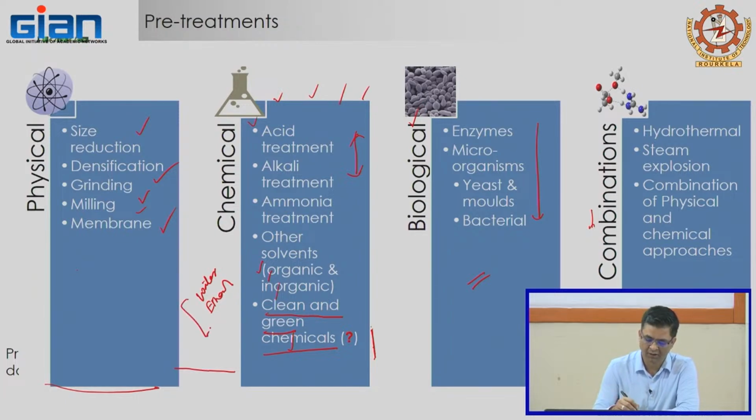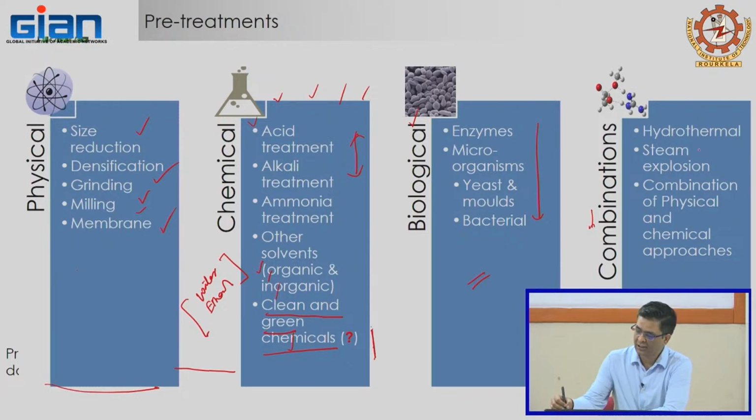What other solvents can be considered clean and green chemicals? You have deep eutectic solvents, you have salt solutions, or you have the use of organic acids like lactic acid, citric acid, acetic acid. All those things can be considered cleaner ones because they are all of biological origin.